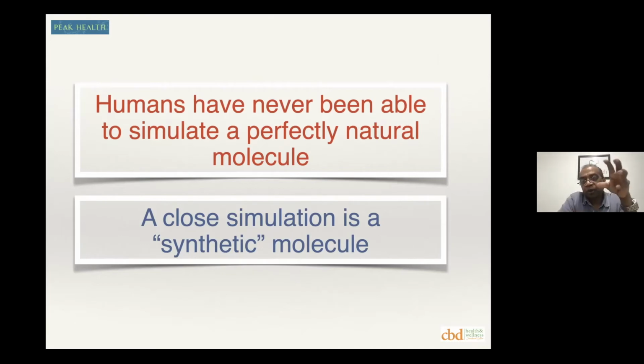So any change, even small changes to a natural molecule, the body either totally ignores it and says, I don't recognize you, or it has a negative reaction. So the best case for what I call a distorted molecule is you have a muted response where you're getting a positive response, but it's just in a lower form.